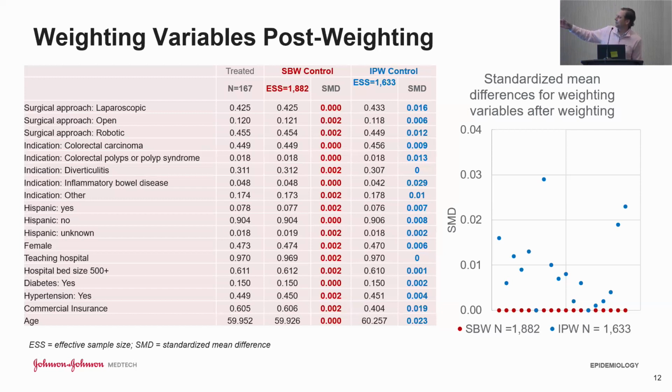Nothing's above 0.09. So by the normal standards of weighting and balance, it did pretty well. But it didn't do as well as stable balancing weights, and it has an estimated sample size of 1,633, so more than 200 fewer patients than stable balancing weights.